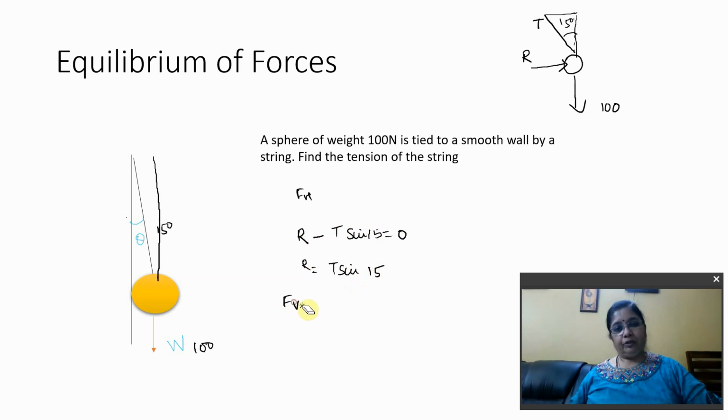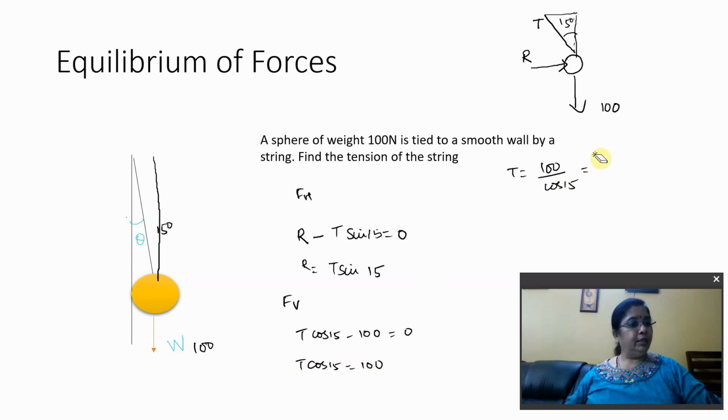What about my vertical force? So I have 100 here. So I can say T cos 15 minus 100 is equal to 0. Or T cos 15 is equal to 100. Or I could say T is equal to 100 by cos 15, and this value works out to be 103.52 newtons, which means this tension is 103.52 newtons, which I could now substitute here, right?